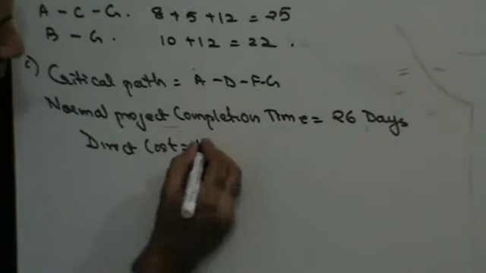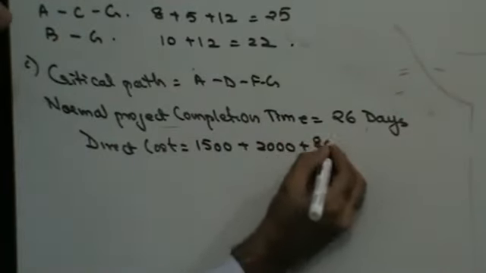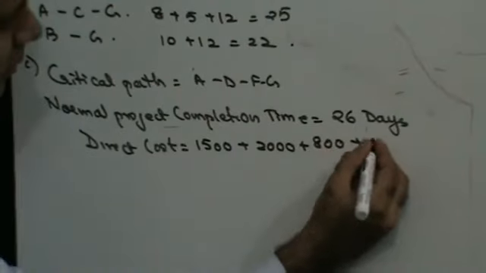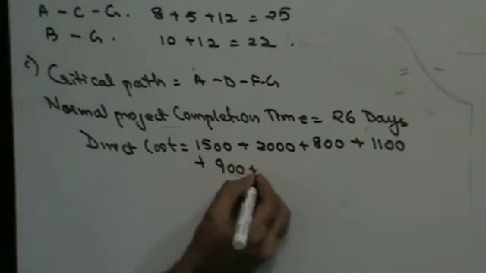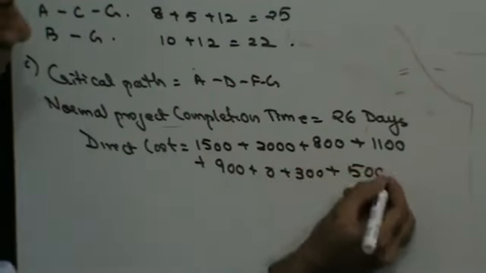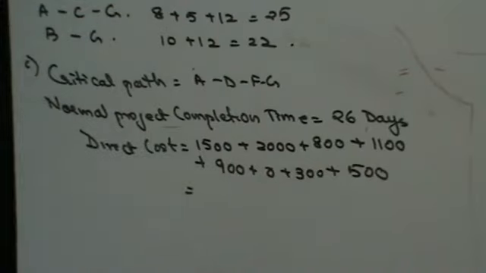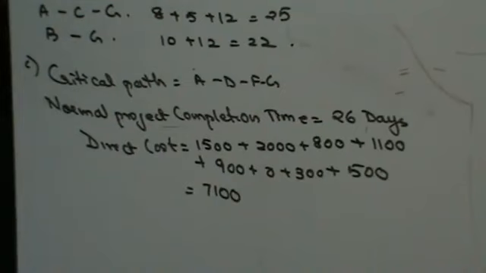So that is going to be 1500 plus 2000 plus 800 plus 1100 plus 900 plus 0 plus 300 plus 500. So 7,100.